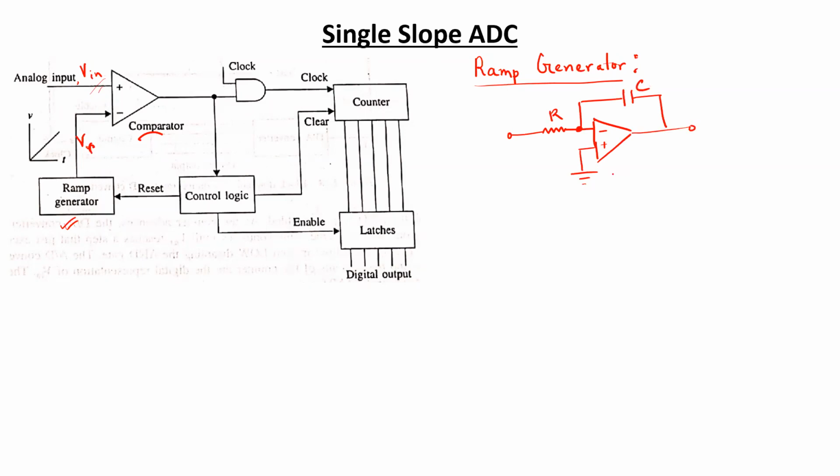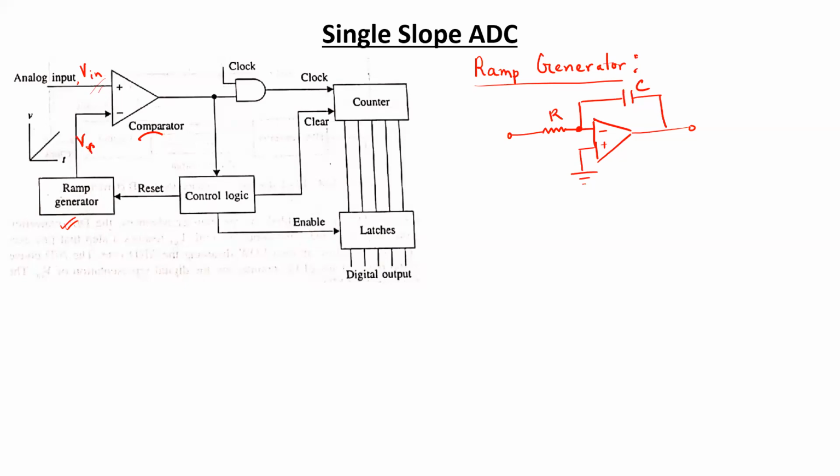So we can use this sort of a circuit using op-amp in order to generate the ramp signal. Now, you're supposed to have studied this sort of a configuration of op-amp. So do you remember what this configuration is called? What type of circuit is this one? So negative feedback.